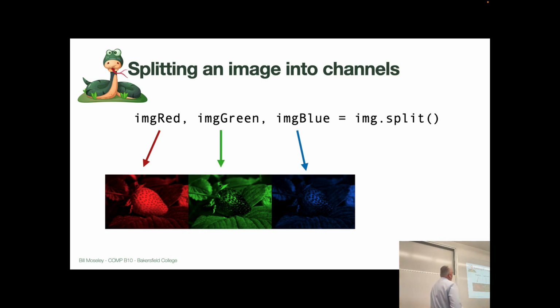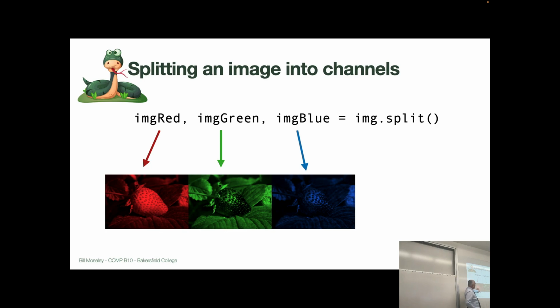So what we can do using Pillow and the split function in Pillow is take that image and split it into 3 different channels. The red channel of the image includes all of the red values for each pixel.